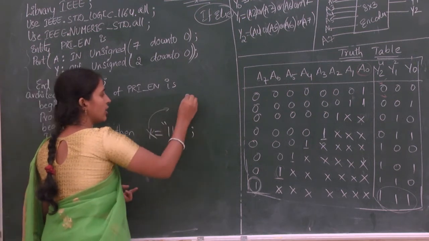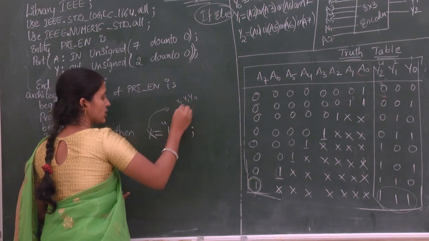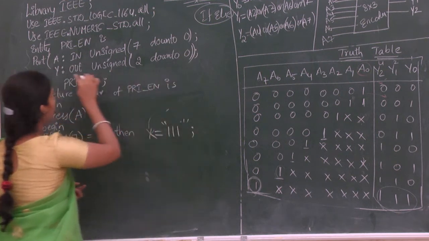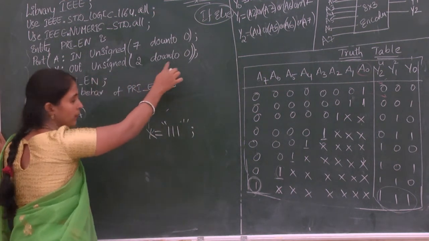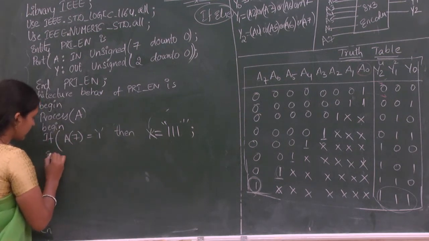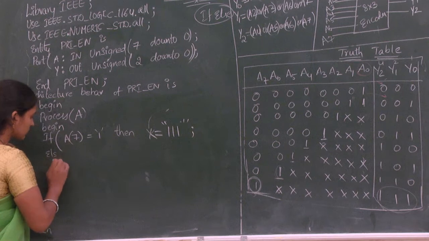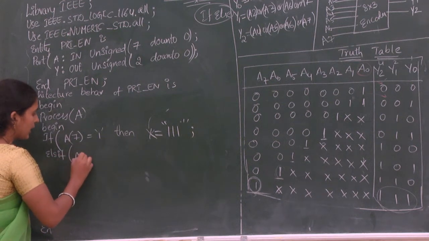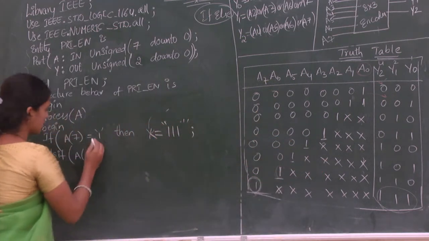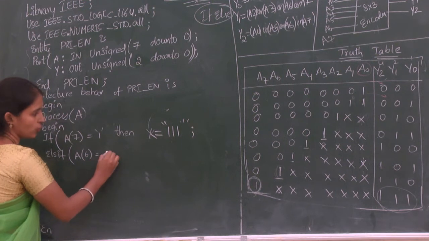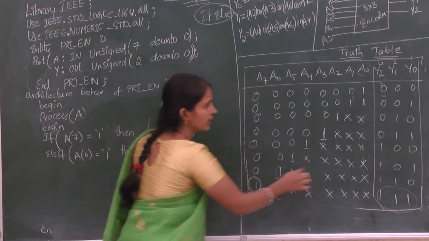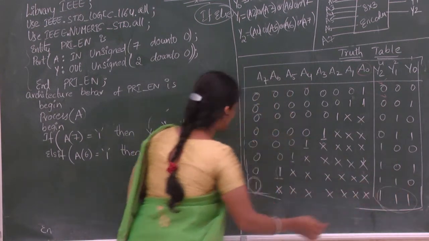Y indicates Y0, Y1 and Y2. This is your Y0, this is your Y1, Y2. Why? Because this is like a vector, as you have already mentioned that Y is ranging from 2 down to 0. Then I am writing else if A6 is equivalent to 1, then Y will be 1, 1, 0.